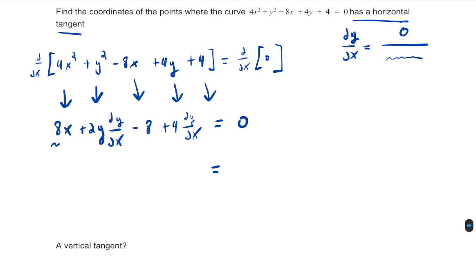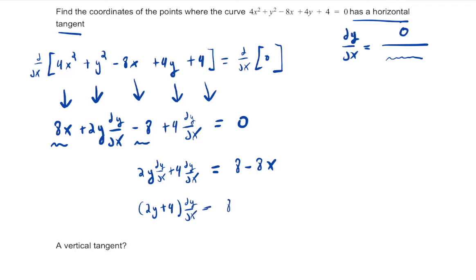We move the 8x and the minus 8 over to the other side, so we'll have 8 minus 8x, and that's equal to 2y dy/dx plus 4 dy/dx. So (2y plus 4) dy/dx is equal to 8 minus 8x.